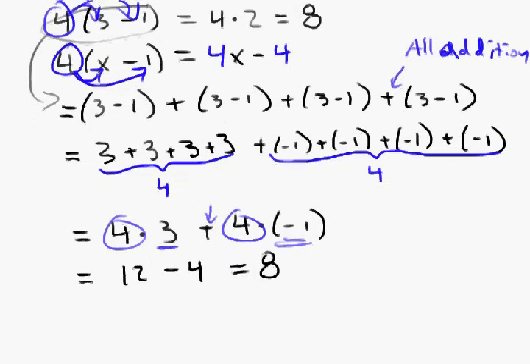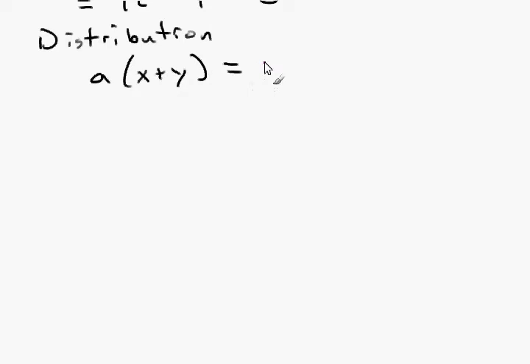And in general, we get distribution: a(x plus y) is equal to ax plus ay. And if we wanted to show that, we'd go through the same process.